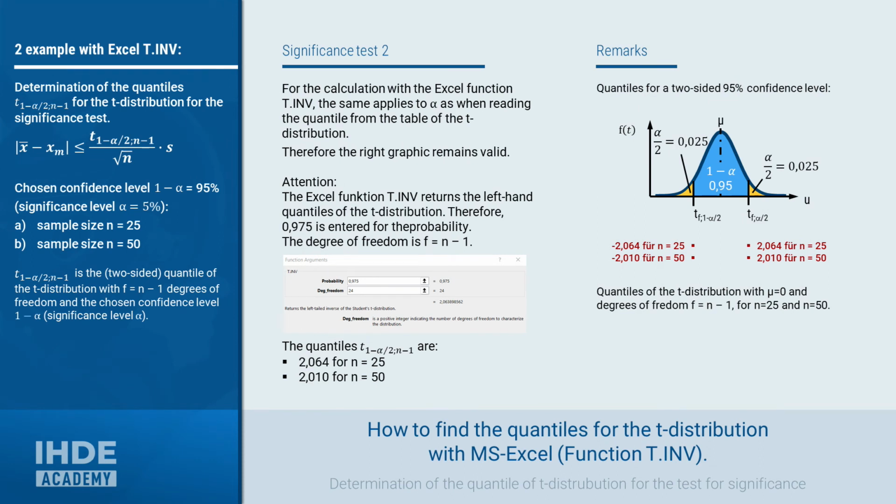In the picture on the right, the quantiles just calculated were written again under the t-distribution. The mean μ here is 0. Because of the symmetry, the left and the right quantiles are the same in absolute values.